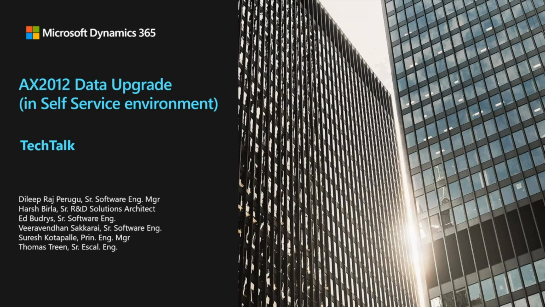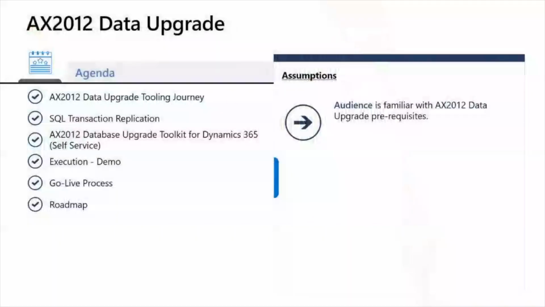Without further delay, let's go ahead and talk about the agenda. What we are going to cover today is the AX2012 data upgrade tooling journey, looking at the various toolkits that we had from an AX2012 data upgrade perspective. Talk about our latest investment using SQL transaction replication.